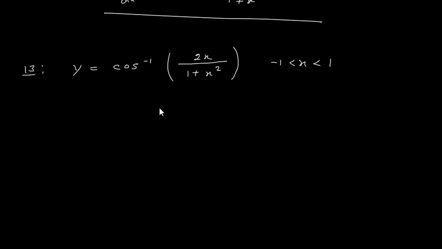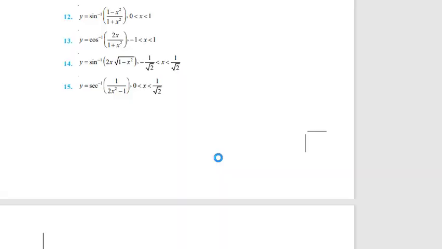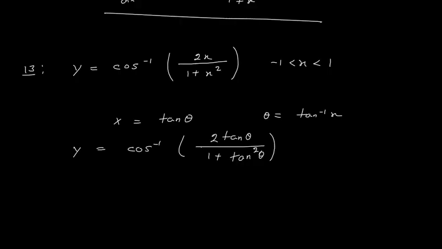Now here I can substitute x as tan theta. In all the problems, if you see, we are substituting x in terms of tan only. So if I take x equal to tan theta, then theta will become tan inverse x, and y becomes cos inverse of 2x, that is 2 tan theta, upon 1 plus tan square theta.